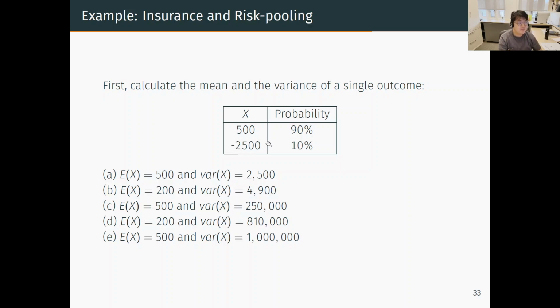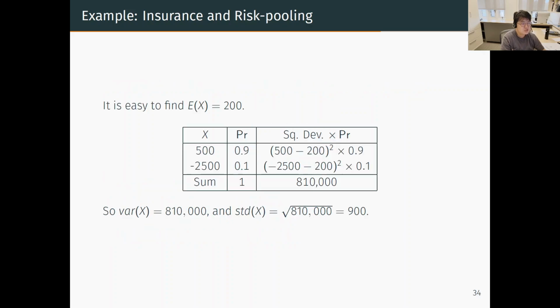So the net profit is minus 2,500. Try yourself, calculate the mean and the variance based on the table first as an exercise. Okay, when you have finished your calculation, I'm going to go to the next page.